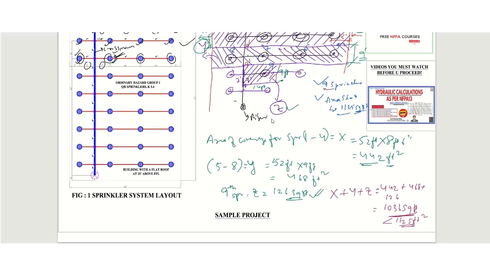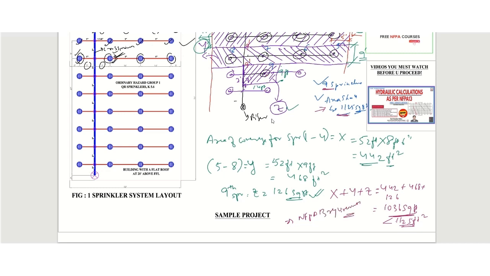We have satisfied the condition of 9 sprinklers, but we could not satisfy the design area of operation, which is 1125 square feet. So the difference is small, but it is less than our required area to comply with NFPA 13 requirements.